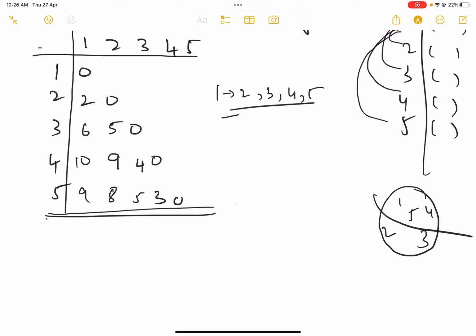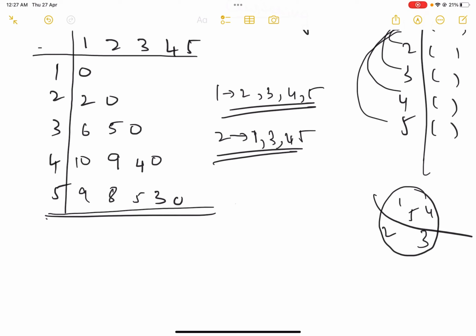We calculate the average distance, and similarly 2 to 1, 3, 4, 5, we calculate the average distance, and whichever has the highest average distance, that we remove. That means that that node is farther away from most of the nodes that we have. So that is the reason we remove that and we assign it to a separate cluster.